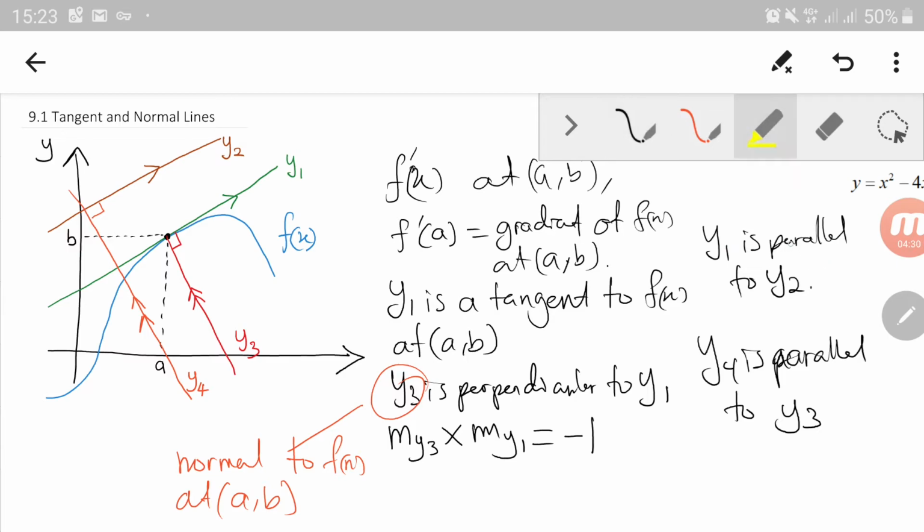Y1 is parallel to y2 means that the gradient of y1 equals the gradient of y2, while y4 is parallel to y3 means that the gradient of y4 equals the gradient of y3.